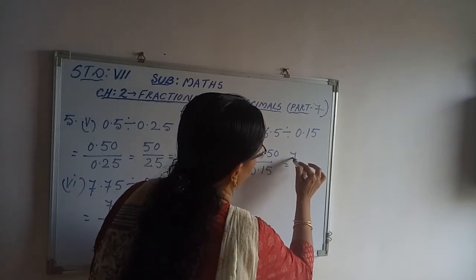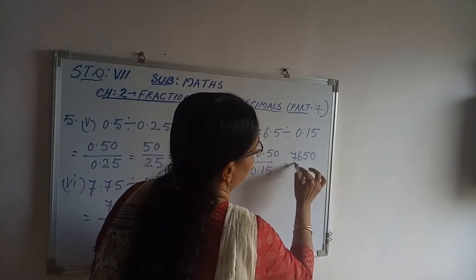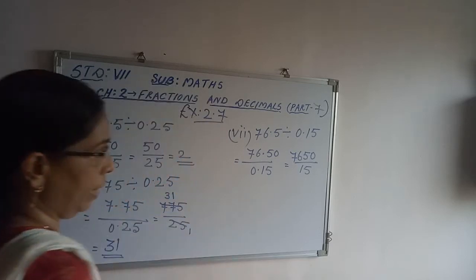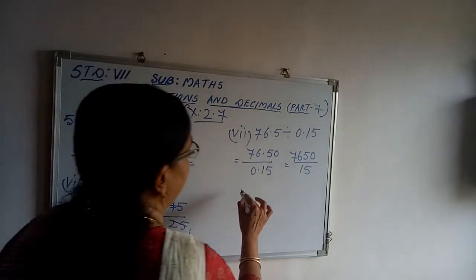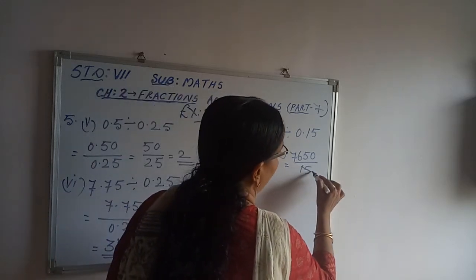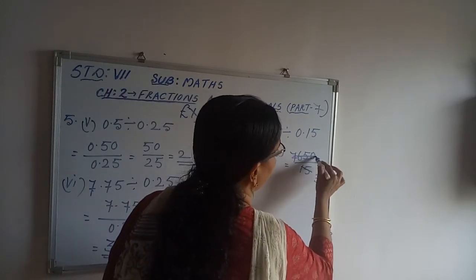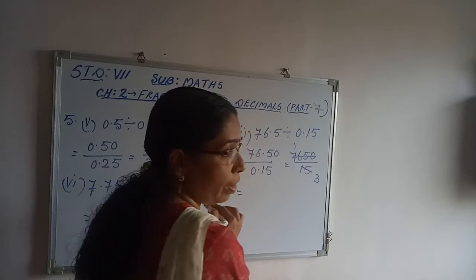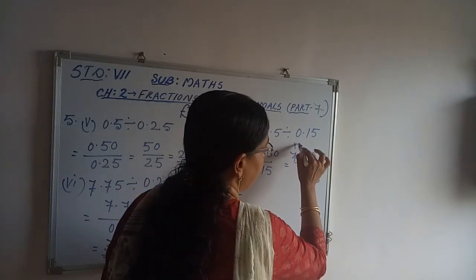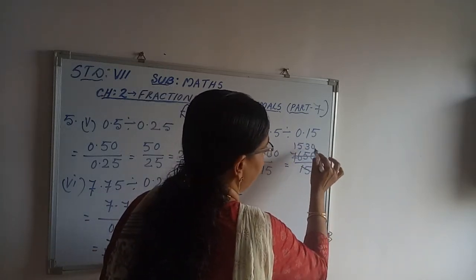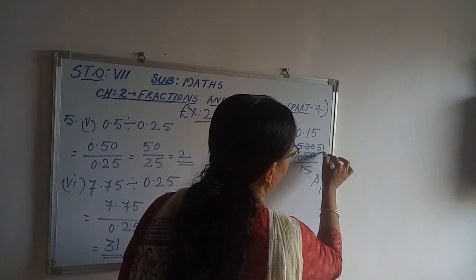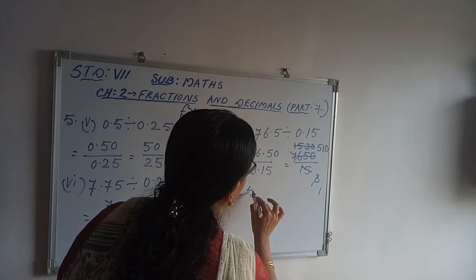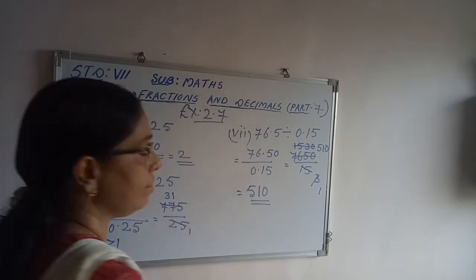That's equal to 7650 upon 15. 5 threes are 15 with 5. 5 ones are 5. 5 fives are 25. Then 3 and 0. Then again with 3. 3 ones are 3, 5, 1, 0. So the answer you will get is 510.